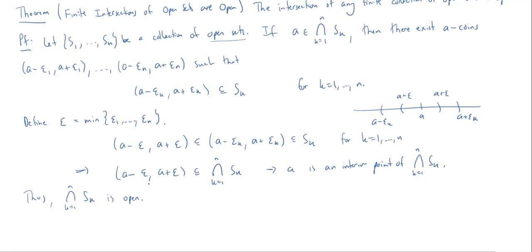All right, now that finishes the proof, but let's just make a little comment. Why did this proof not work for any collection of open sets? So the point where we made an actual comment about us needing a finite collection was in this line right here. We defined epsilon to be the minimum of all of these radii for all the different A coins we'd written down.